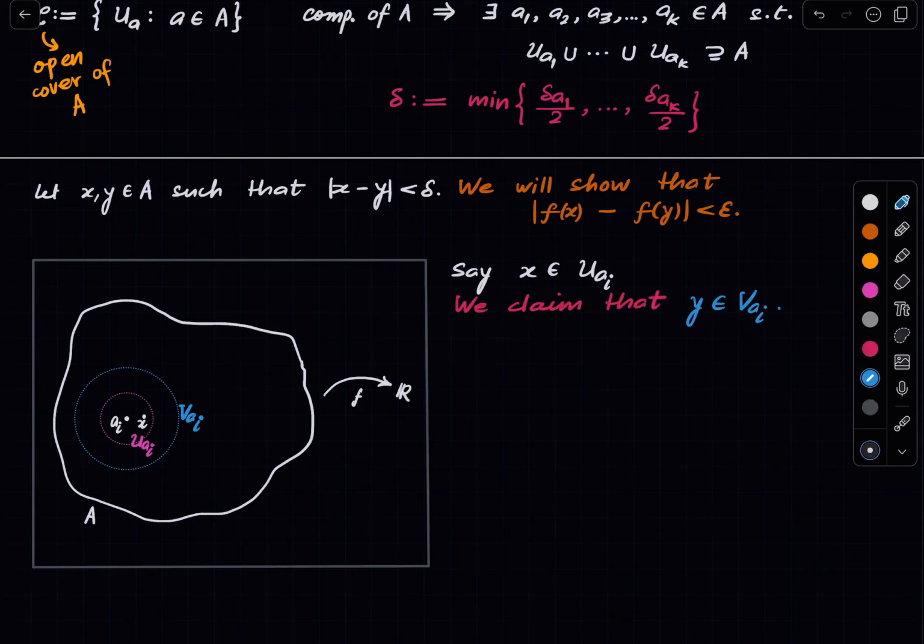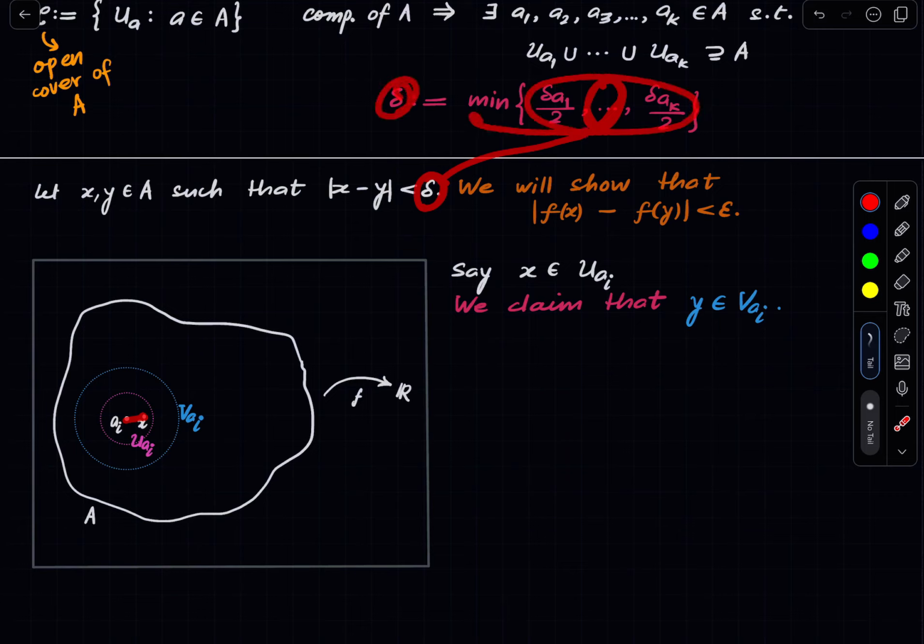Okay, so why is that? The distance between x and AI is less than delta AI by 2.